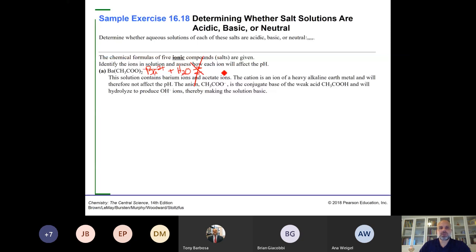Whereas the CH3COO minus will react with water and form an equilibrium to give us acetic acid as well as hydroxide ions. You're going to see it eventually drawn in organic chemistry as HO minus.